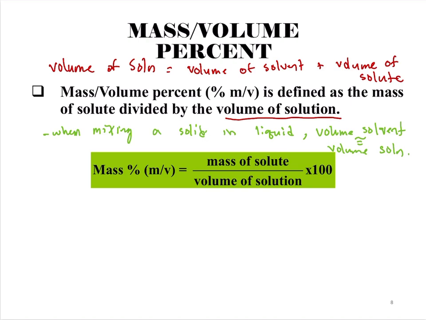Right, so those will generally be the same. It makes sense if you have table salt, you dissolve it in water, the volume of the water usually doesn't change a whole lot. There is a slight volume change when you mix two things together, but really it doesn't change a whole lot.